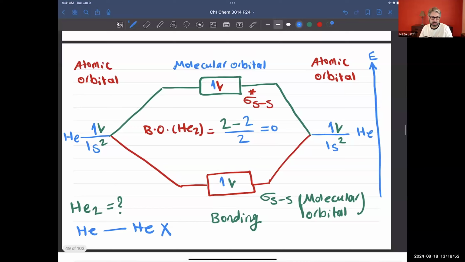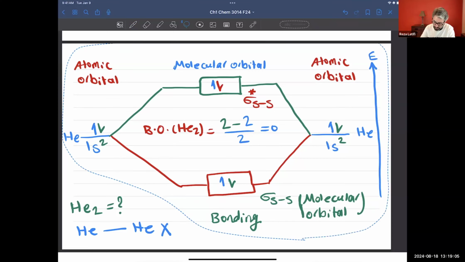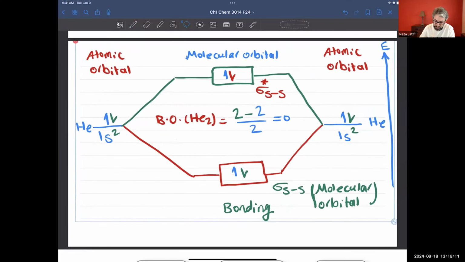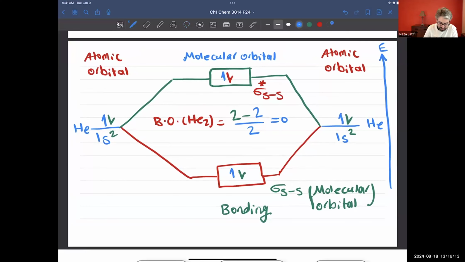So how can I get 2 helium attached to each other? One way is to remove 1 electron from the system. Let's copy paste this. Say you have He2 plus 1, so I'm missing 1 electron.